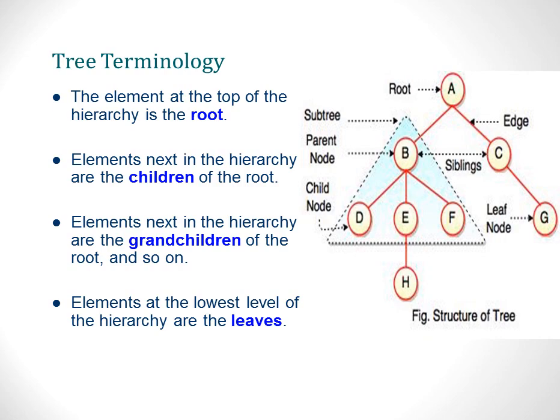Nodes B, D, E and F are known as a subtree of A. The nodes at the same level of a tree, for example, B and C, are called siblings because they are at the same level of a tree.